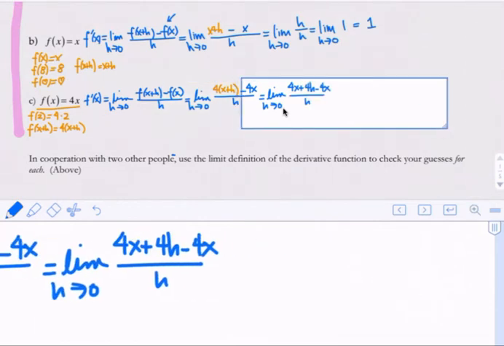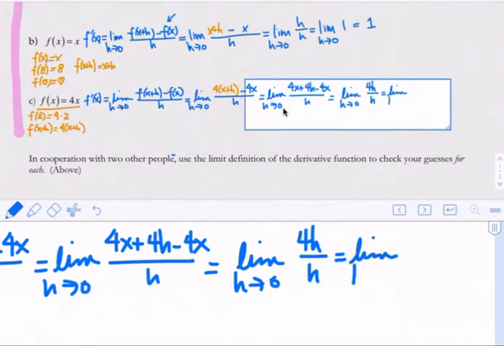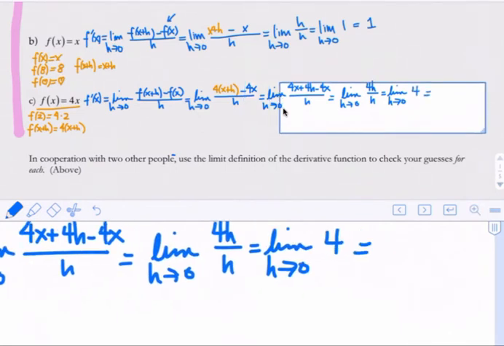Woohoo! And again, there's some subtracting in the numerator that cancels out. And so we do a little canceling of the h's. Again, we have the limit of a constant, which is just equal to 4. You're going to see this over and over again, that the h's are going to cancel out. In fact, you should look for that.